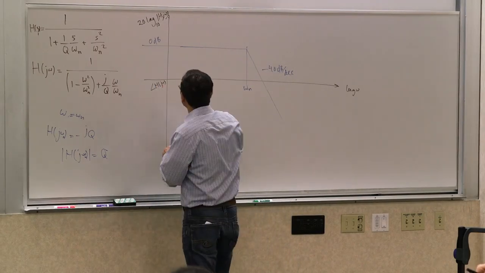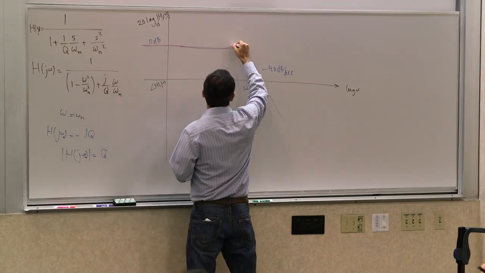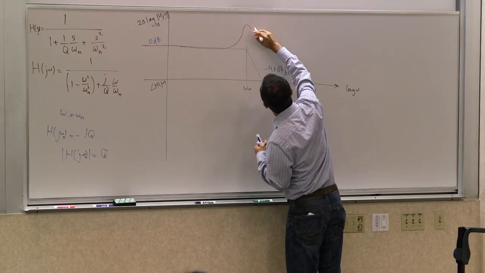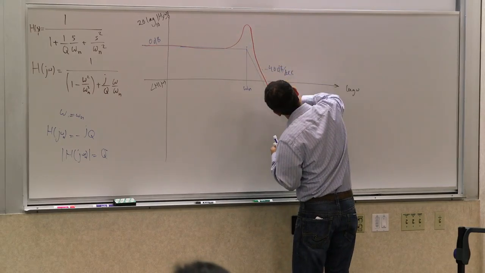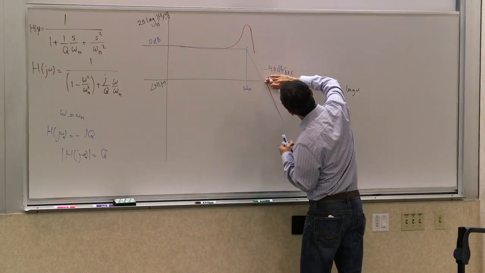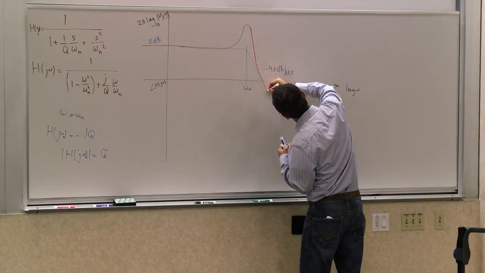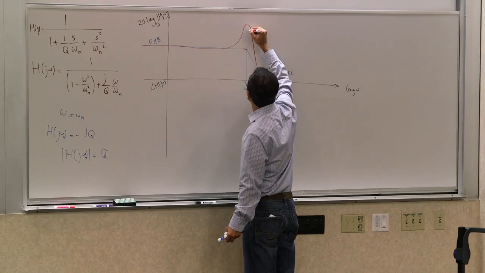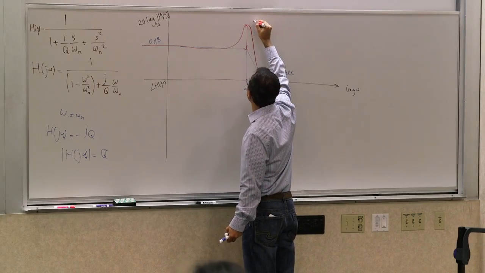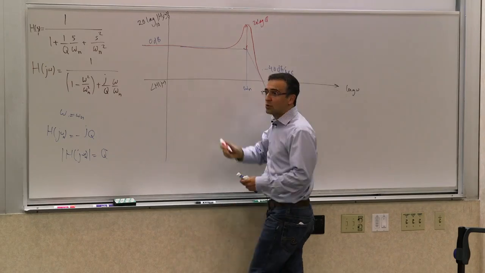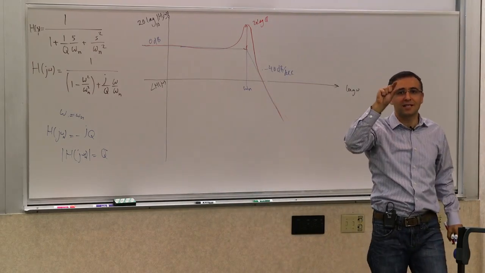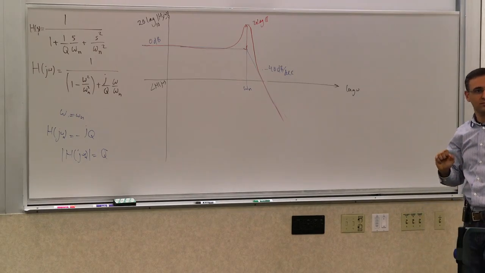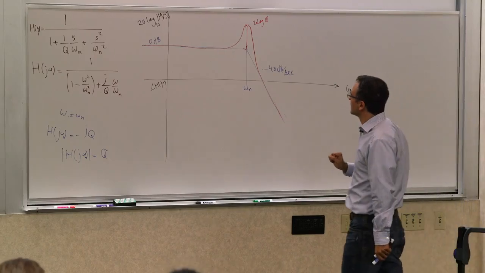So the actual Bode plot for a second order system does this. And this height is Q, or on this plot it's going to be 20 log of Q. So the amount of peaking is a measure of the Q, the quality factor, of the system.